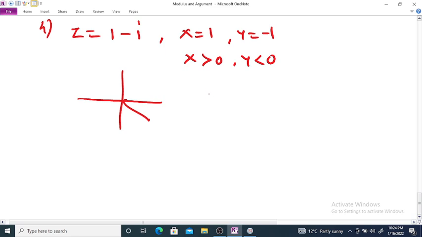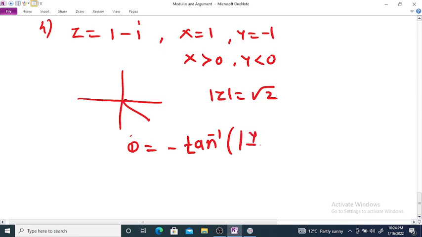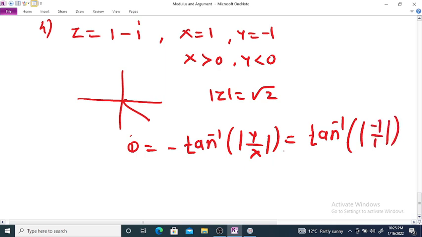In that case, again mod of z is equal to under root of 2, but theta is equal to minus tan inverse of mod of y by x, so it is equal to minus tan inverse of 1, which is equal to minus pi by 4.